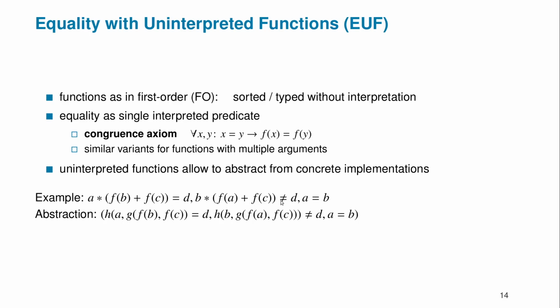And with this we can decide without using any specific reasoning on integers. However, if the abstracted formula was satisfiable, then we could not conclude anything about the original formula.